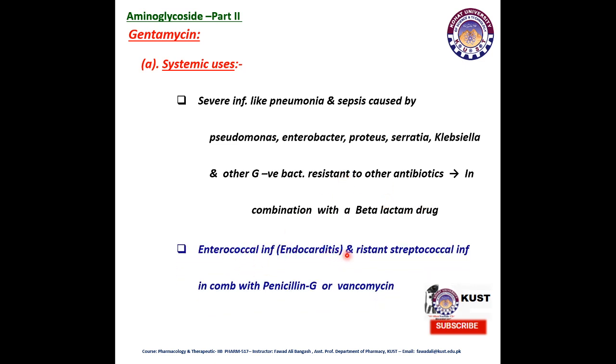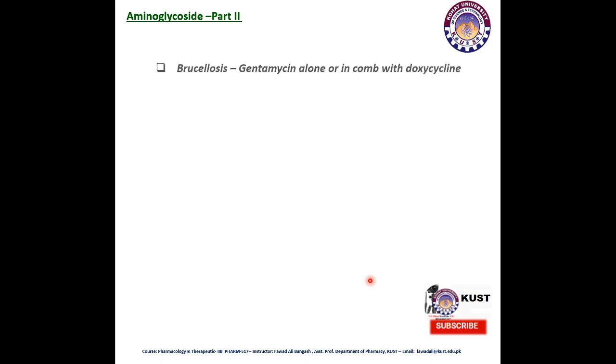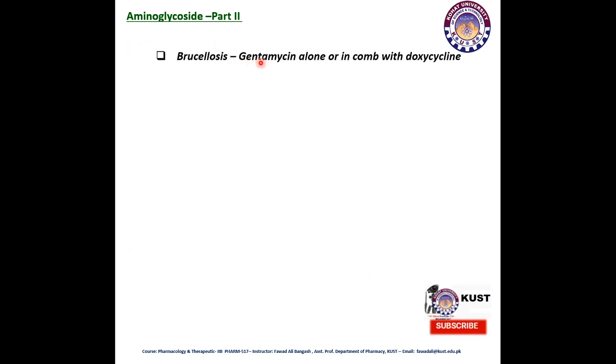Enterococcal infection, endocarditis, resistant streptococcal infection: in combination with penicillin G or vancomycin. Gentamicin and penicillin G or vancomycin are normally used in combination, specifically in endocarditis or resistant streptococcal infection. Brucellosis: gentamicin in combination with doxycycline is effective.